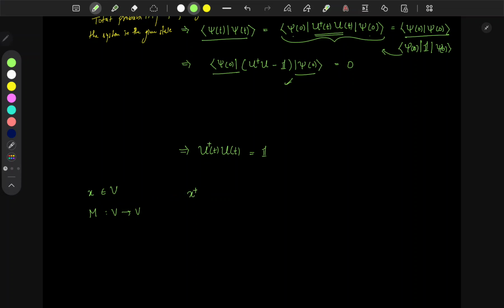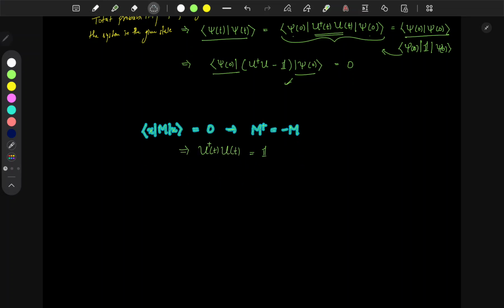so sorry, I am messing it up here a little. So x is a vector, let me just write it in terms of bracket notation. x is a vector, m is an operator, and the bra x is its corresponding dual, then the bra x m ket x equals 0 implies that m dagger is equal to minus m. Yeah, I think writing like this makes more sense.